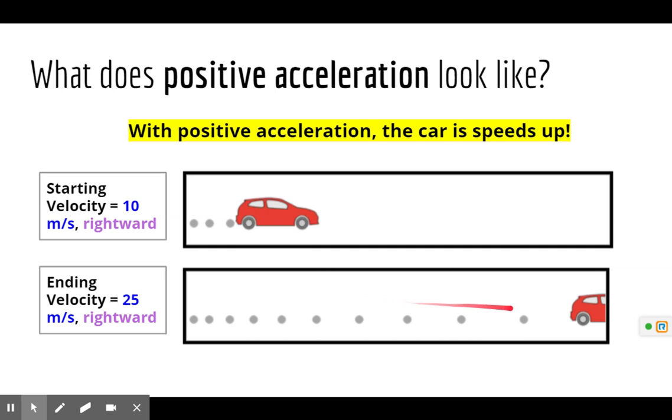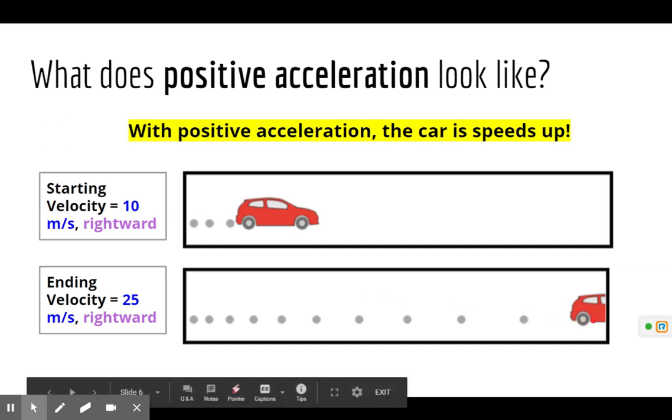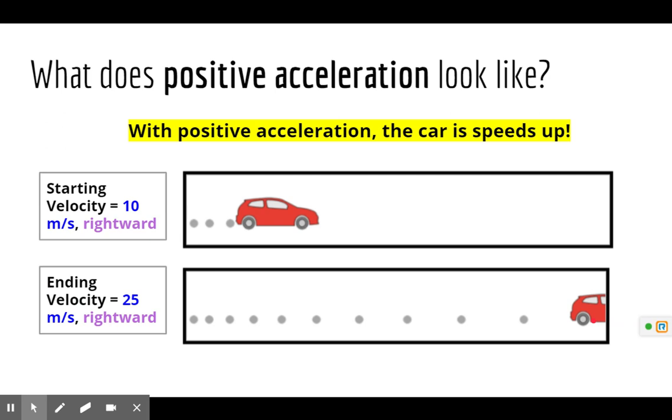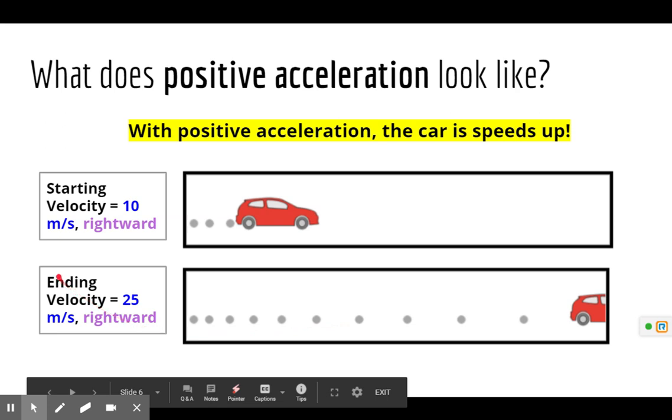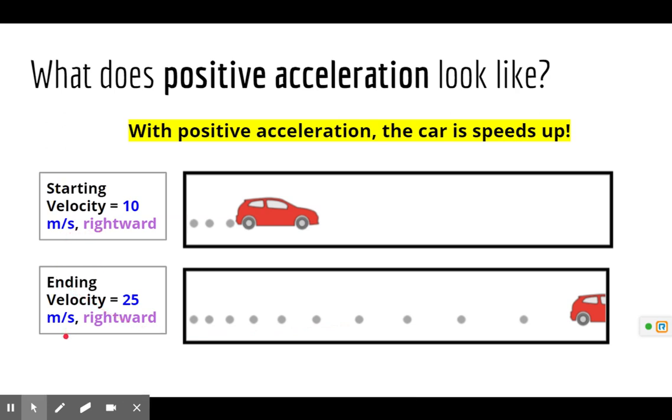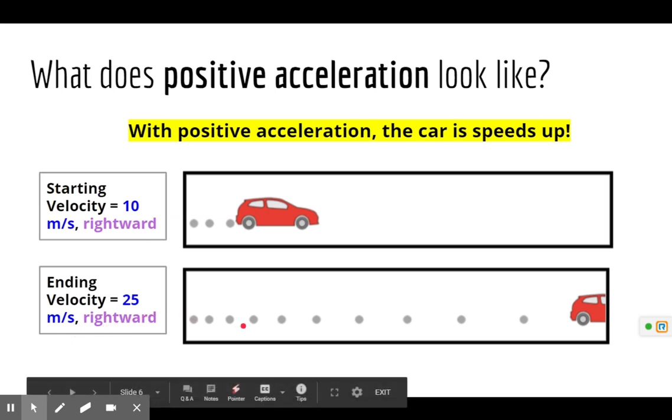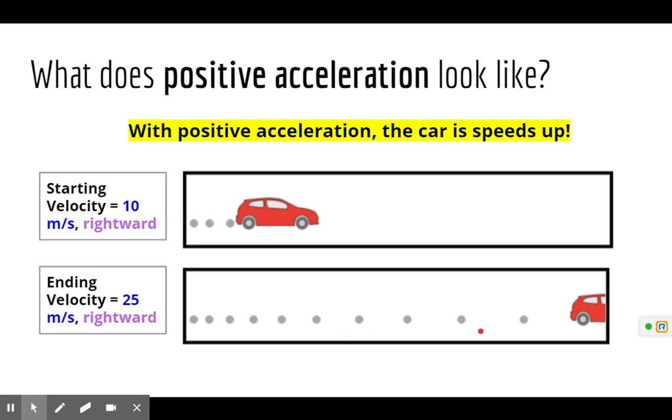In our second frame, we have the car ending with a velocity of 25 meters per second in the right direction. The speed of the car goes from 10 meters per second to 25 meters per second. The car is speeding up. This is positive acceleration. We can also take a look at the gray dots and notice that the distance between changes.